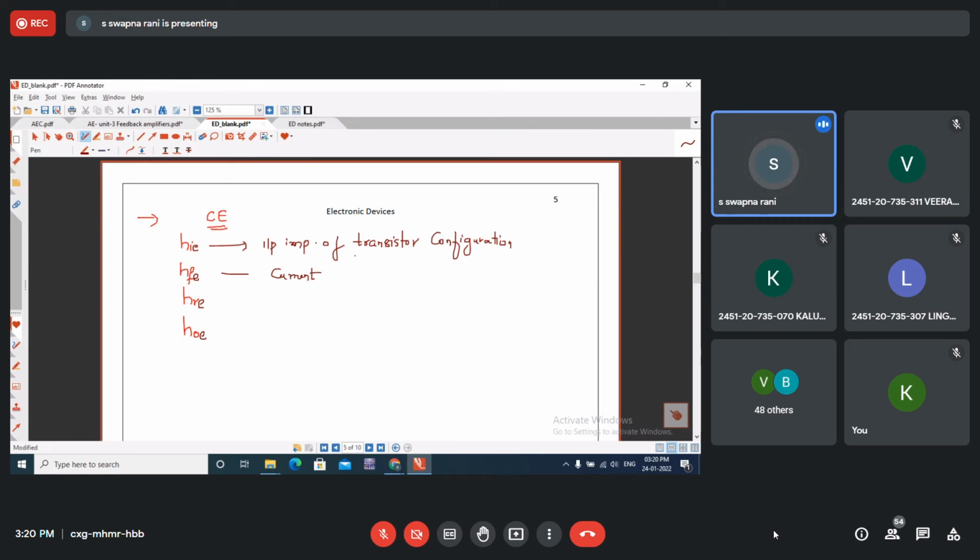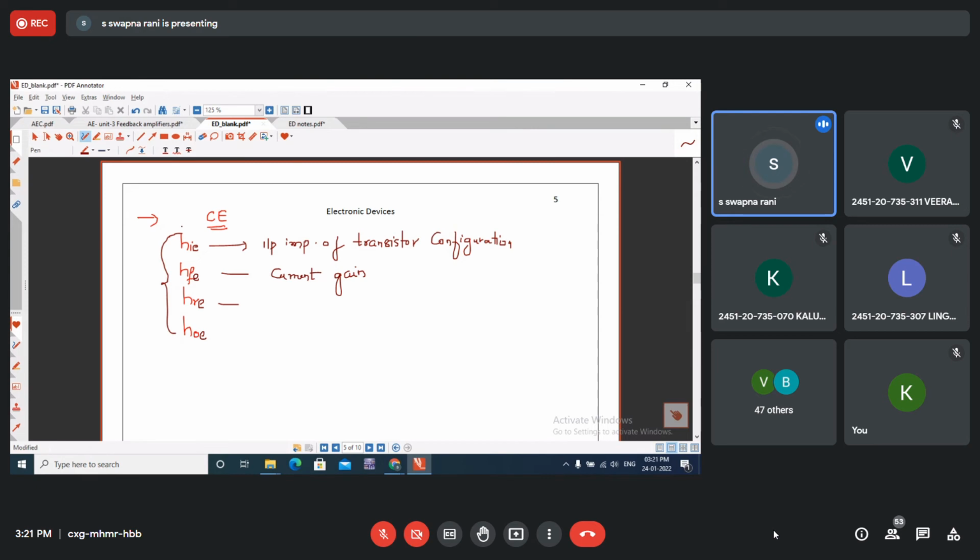Therefore, these H parameters give you the behavior of the transistor. Each configuration will have its own set of H parameters, different from one configuration to the other.